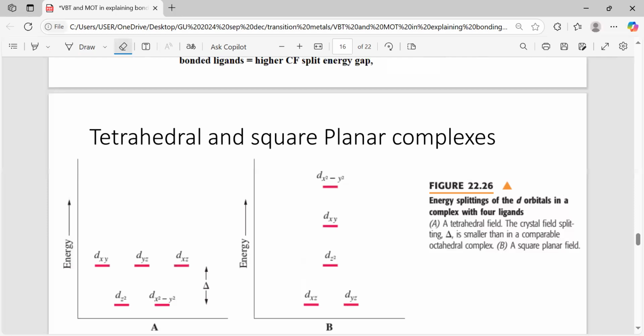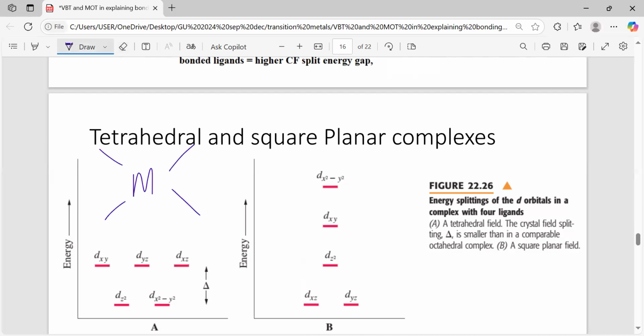So far we've only been looking at what we call octahedral complexes. Now I want us to look at square planar and tetrahedral complexes. All of us know what a tetrahedral complex is. A tetrahedral complex means if I have a metal like that, then it has 4 ligands like that.